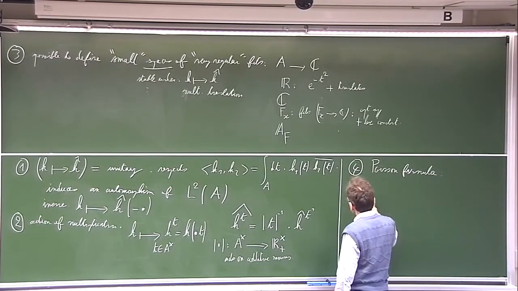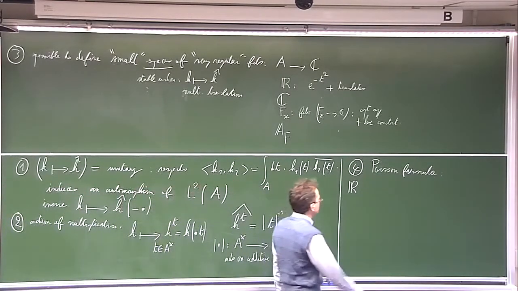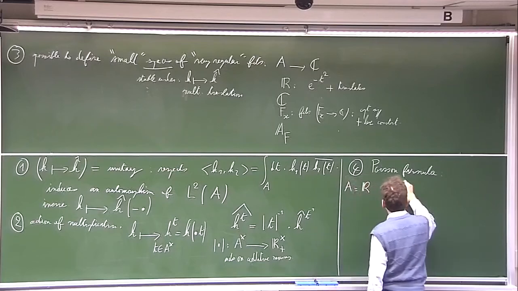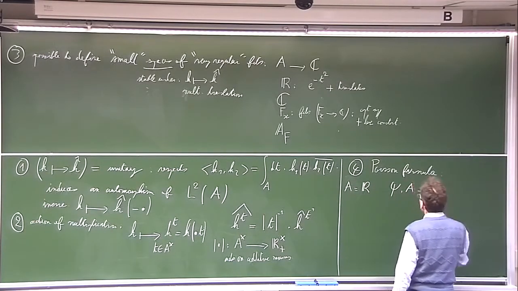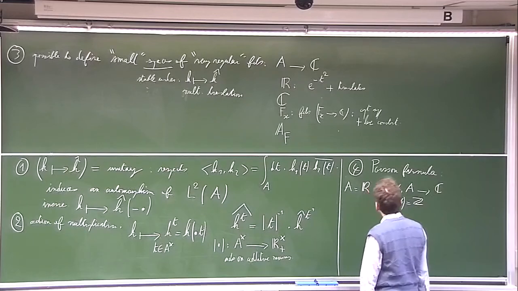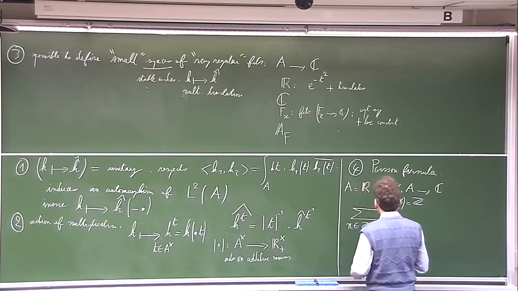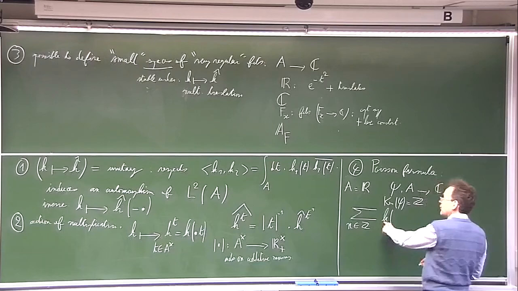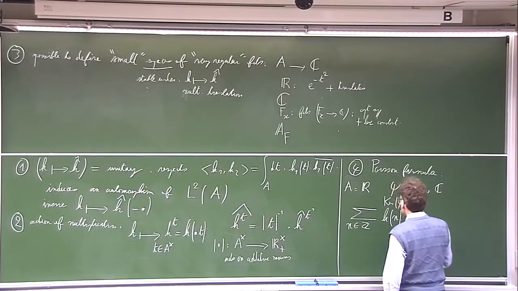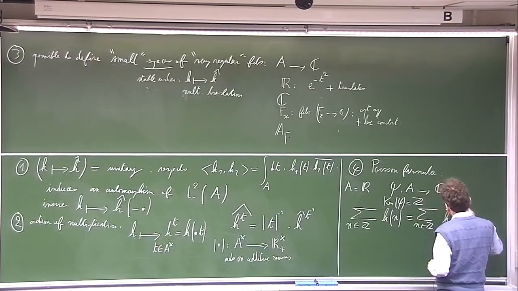So, of course, I suppose that everybody knows the Poisson formula in the case of R. So this is the case when A is R. Then you have chosen a character from A to C, and you suppose here that the kernel of this character is Z, and the formula you have is the fact that the sum over the elements of this kernel of some function of this space, the space we just talked about, evaluated at these integers, is equal to the same expression evaluated for the Fourier transform.